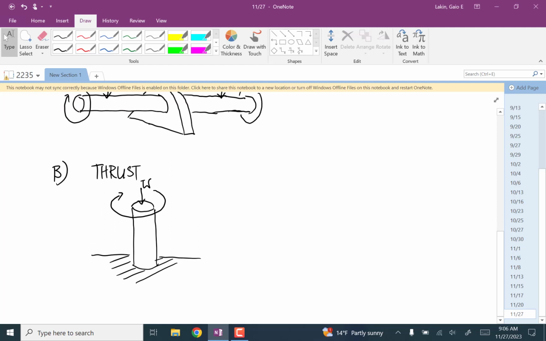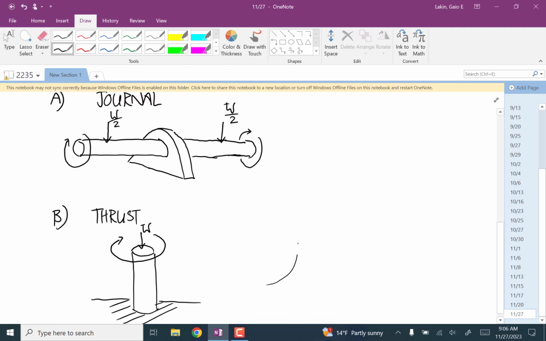Both of these can happen at the same time if you think of an axle with a flange being put in something like that, you know what I mean?